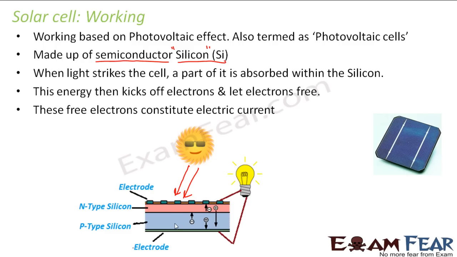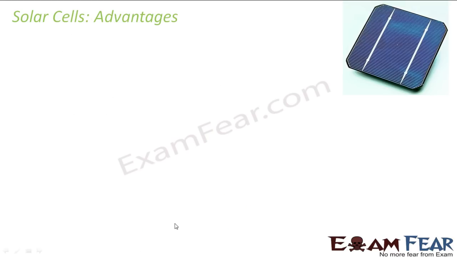And these free electrons will then constitute electric current. That is how electricity will be produced, and that is how solar energy will get converted into electrical energy, right? Now this solar cell will store the electrical energy in itself. So even when you have a rainy day or when there is no sun at all, you can make use of that solar cell to get its stored electrical energy.